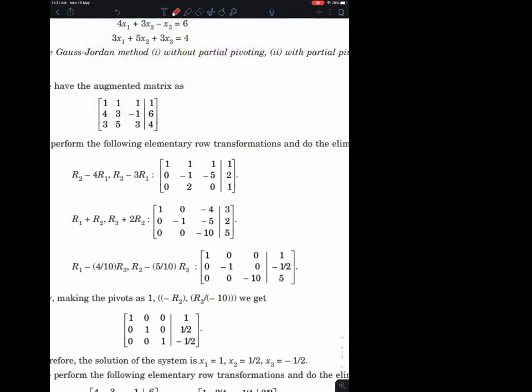Okay, if you look here, what does R2 minus 4R1 mean? R2 means you're going to perform the operation on row 2. What are you going to do to row 2? You're going to subtract 4R1 from row 2. So you multiply row number 1 by 4 and subtract that from row 2. In so doing, you end up getting a 0 here. And next, you're going to perform an operation on row 3.